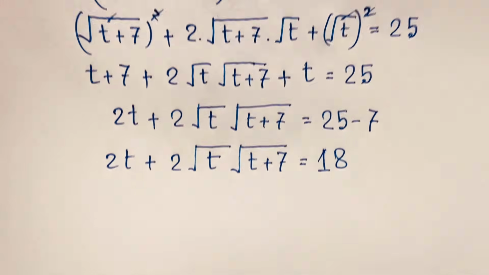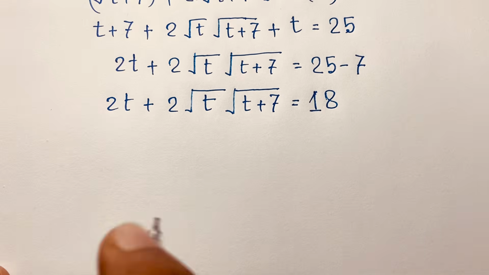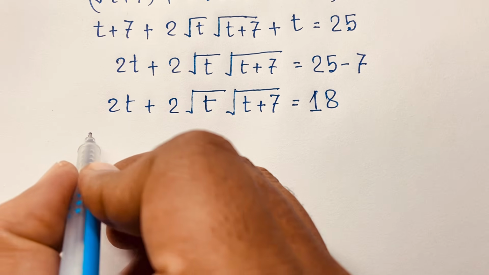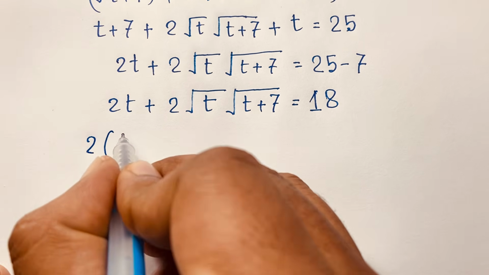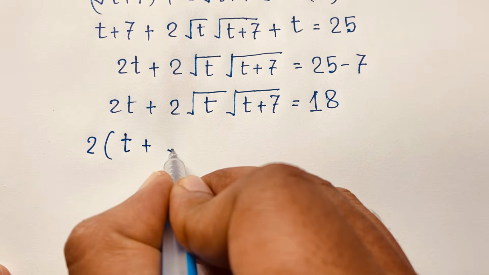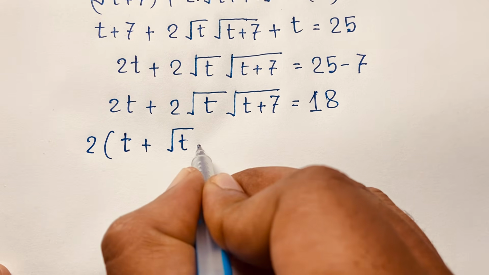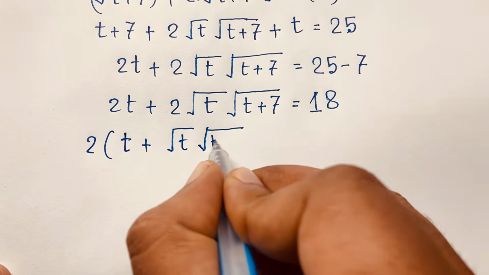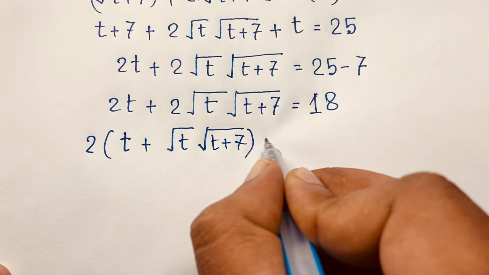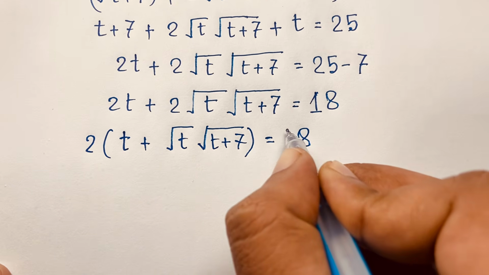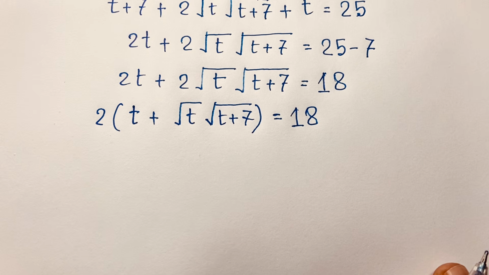Then at this moment you can see that here 2 is common, so if I take 2 common, it will be t plus square root of t times square root of t plus 7 is equal to 18. Now I divide both sides by 2.